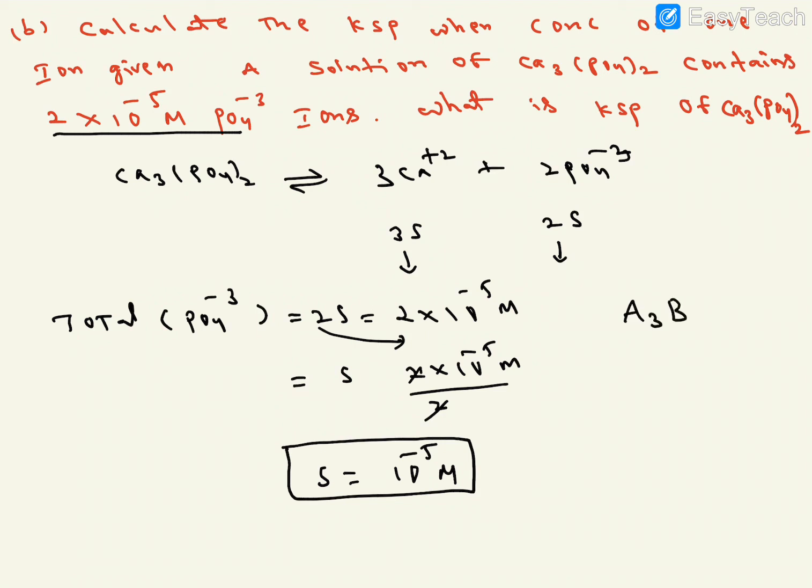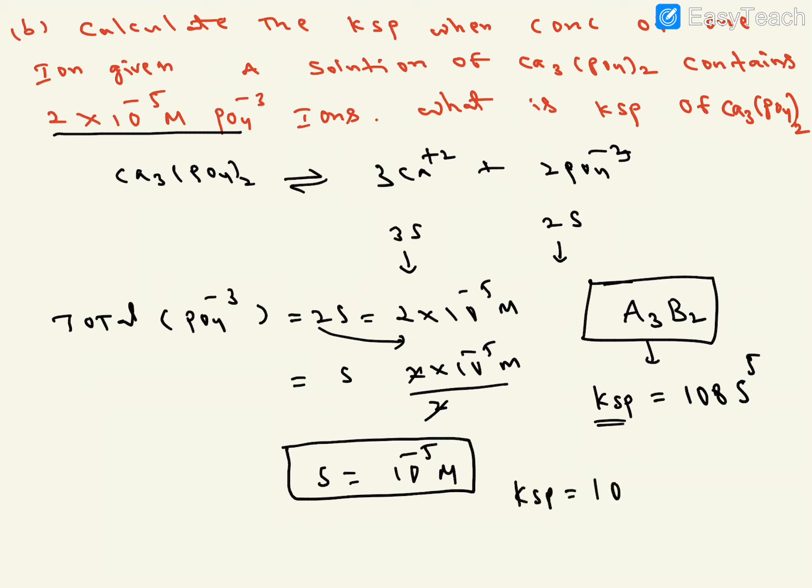Already we know that for A3B2 type salts, the solubility product KSP is equal to 108 S to the power 5, right?